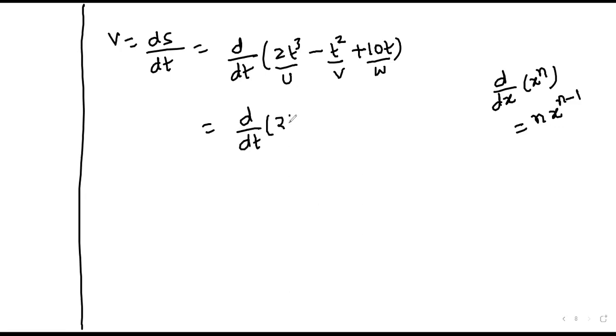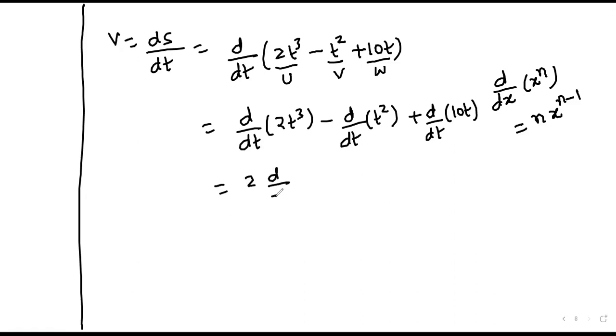Apply differentiation separately: d by dt of 2t cube, minus d by dt of t square, plus d by dt of 10t. Now 2 is a constant, so I can bring it outside: 2 times d by dt of t cube. Here we don't have any constant, so I'll write d by dt of t square. Again, 10 is a constant, so bring it outside: 10 times d by dt of t.